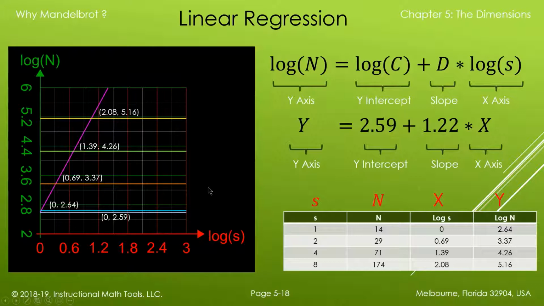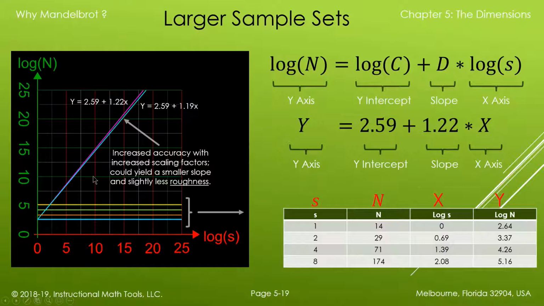Now, there's one other thing to say about this: if you had a larger sample set, with scaling factors in the order of 20 and 25, then perhaps the slope of the line might not be as steep. It might be a little bit smaller.